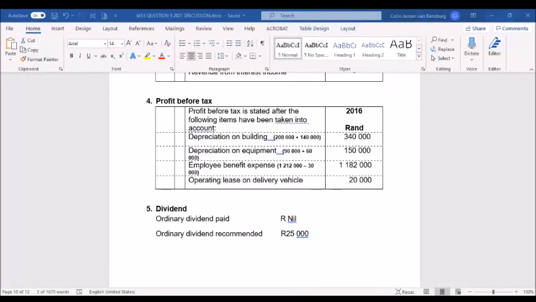So the total cost of employees includes the salaries and wages, but also the fringe benefits that the company pays on your behalf, like the company contribution to medical aid, or to a pension fund, or to a UIF fund, unemployment insurance fund, and so forth. So that is why we call it employee benefits expense. Please get used to that term as well, because in the case of large companies, normally there will be fringe benefits as well.